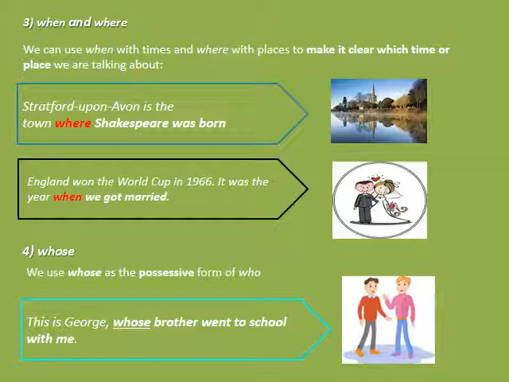In this case, you use the relative pronoun where. Why? Because you want to specify the place that Shakespeare was born. Second sentence. England won the World Cup in 1966. It was the year when we got married. In this sentence, you specify a date, the year, in this case, that they got married.